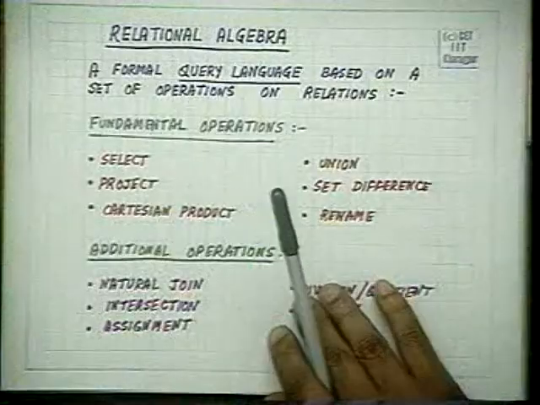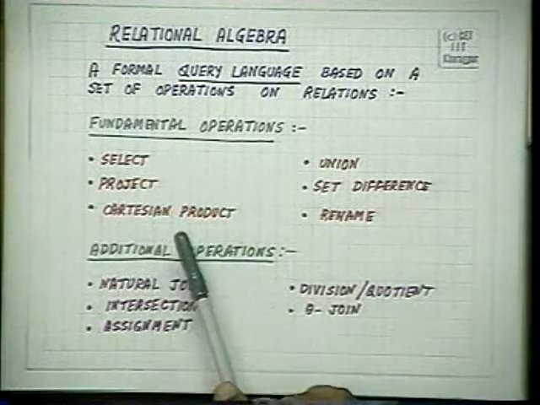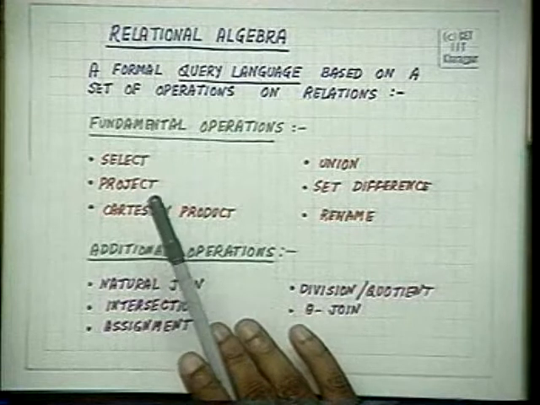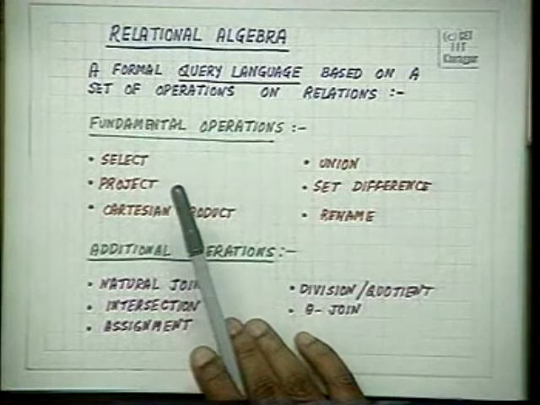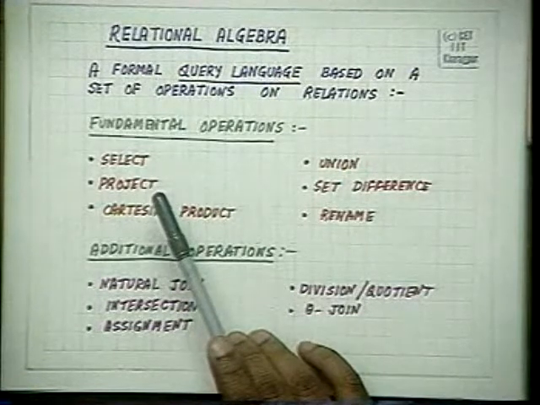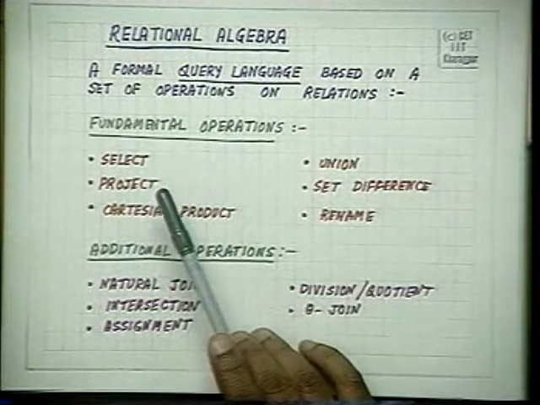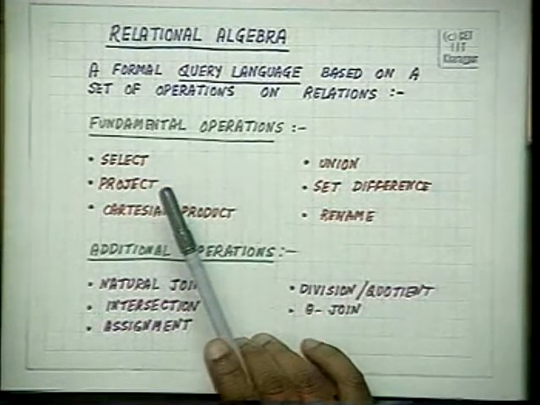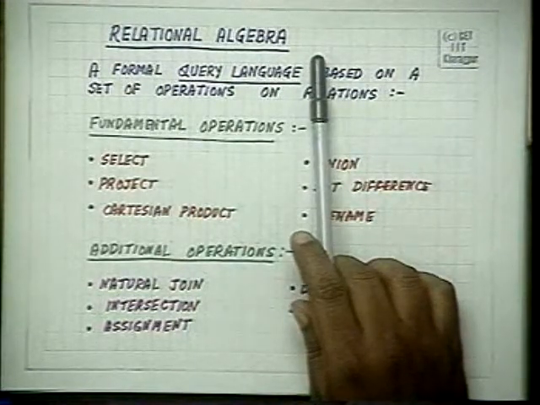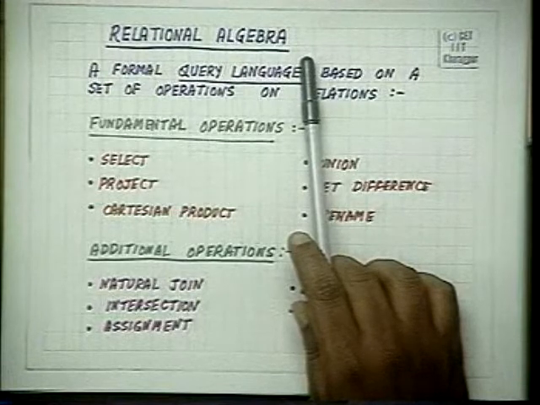Now we come to the relational algebra. We have seen a database scheme. Now we need to process the database. For processing any database, we have to have a query language. And relational algebra is one of the most well-known query languages on the relational model.